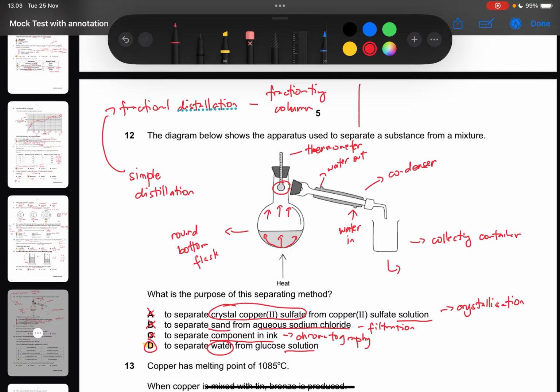So a fractionating column could be made up of glass beads, or the one with the zigzag glasses inside. So the fractionating column will give efficient condensing and evaporating to make sure that what will exit from our condenser is pure substance, because the fractionating column will help to continuously evaporate and condense our substance.